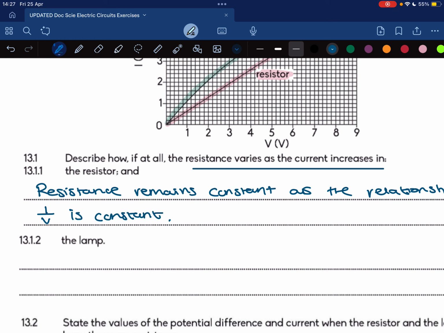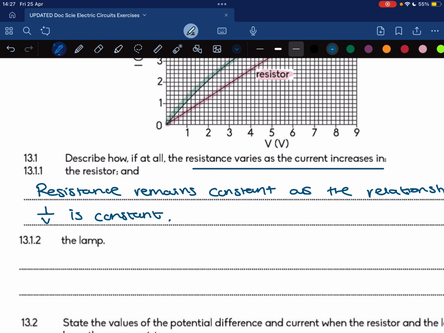So you can conclude that the resistor is ohmic. Okay, remember that resistance is equal to V over I.